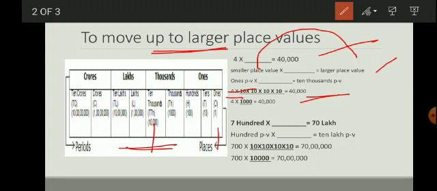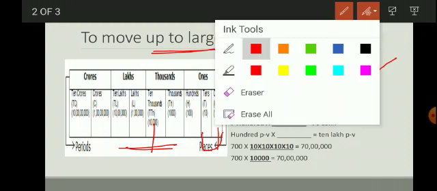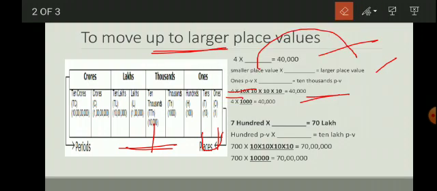Now how to do it? You know rule 1. We have to multiply successive place values by 10. The successive place value of ones is the 10's place, so into 10.